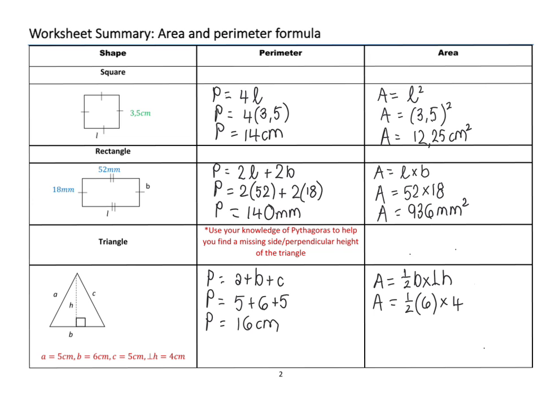So times 4. And now it's just really irrelevant of the order in which you calculate it, because it's all multiplication. But if you put all of this into your calculator, it will provide you with an answer of 12 centimeters squared, or just 12, but remember the units must be squared.